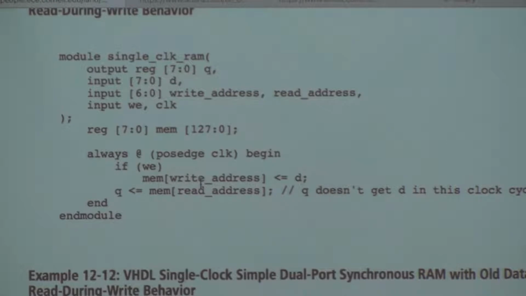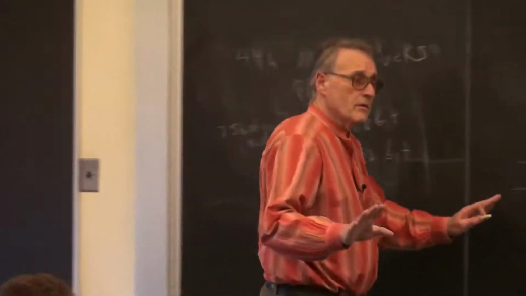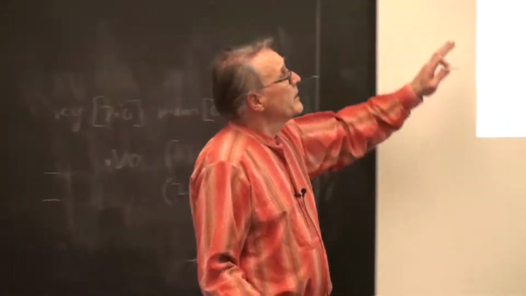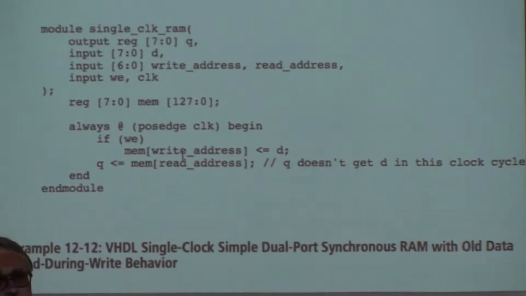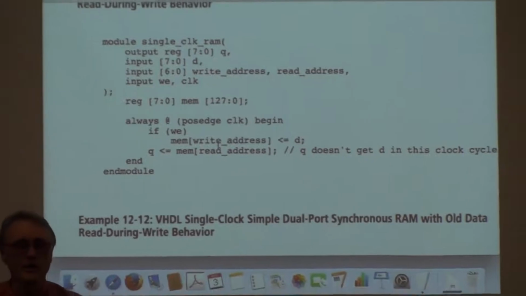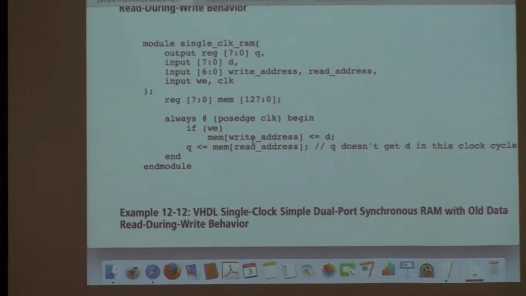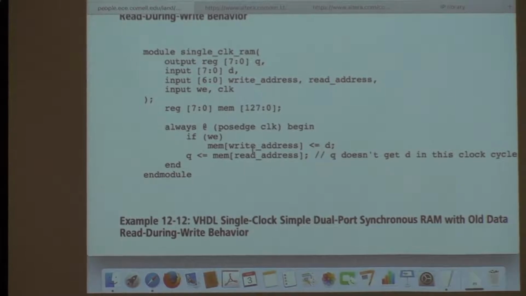But when Qsys looks at this, it'll say, aha, I recognize this pattern. That guy wants M10K. And Qsys will automatically stitch together M10K blocks if you ask for more memory than will fit in one. It'll just keep stitching them together until the memory is big enough, or until you run out of M10K blocks.